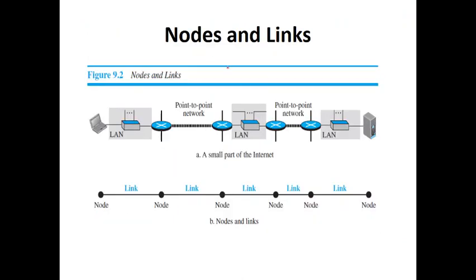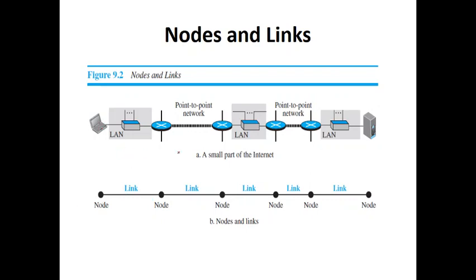Next we'll discuss what nodes and links are. Normally in networking, whenever we discuss the concepts, we name the hosts or devices as nodes, and the path that connects two different devices as a link. If I consider this network, I have three local area networks connected to each other. I will be considering each device as a node.